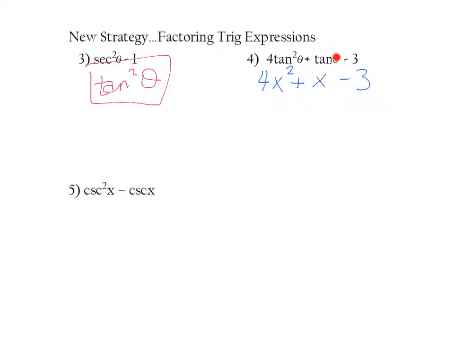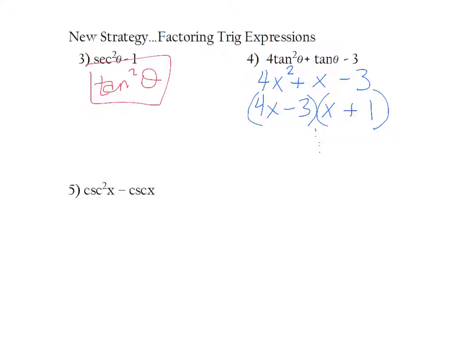This tangent theta value here is like your variable. Tangent squared is an x squared. And this would be something we could just factor. 4x and 1x, 3 and 1, you'd have a positive 4x, negative 3x. And then we could solve from there or simplify anything that we wanted to.